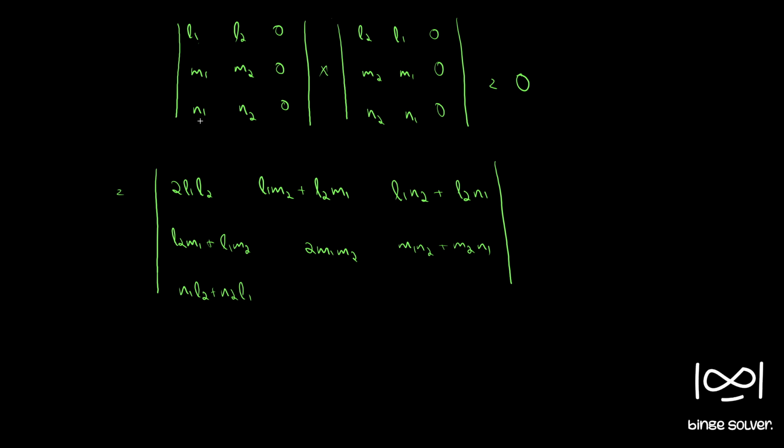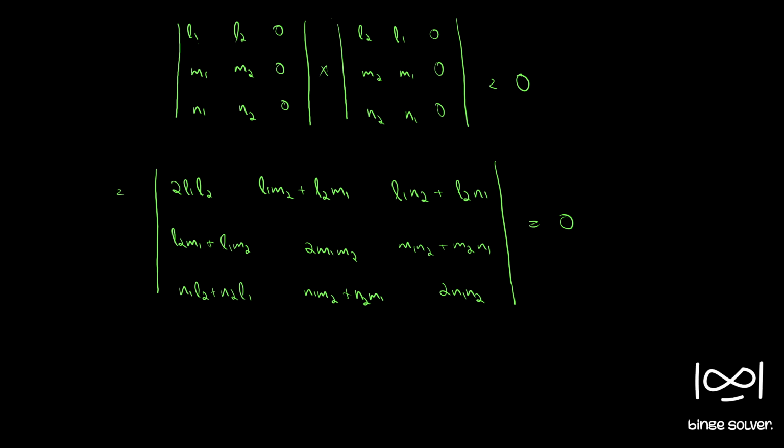Similarly, N1 M2 plus N2 M1. So this product of these two determinants is given by this, and since this is equal to 0, this is also equal to 0.